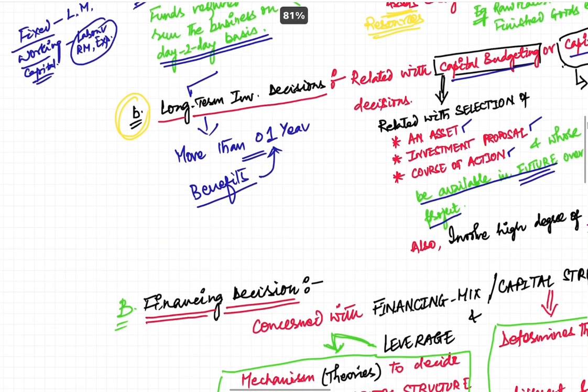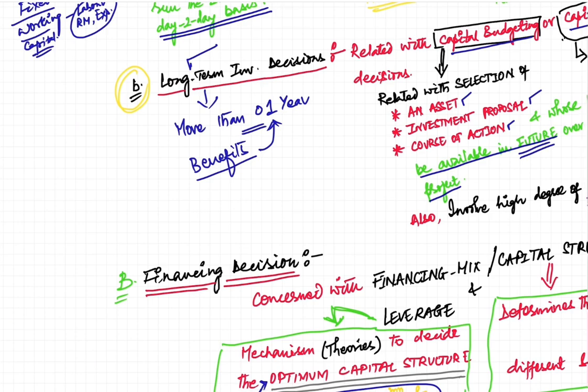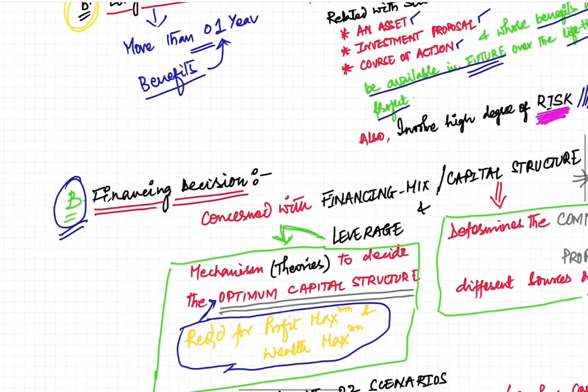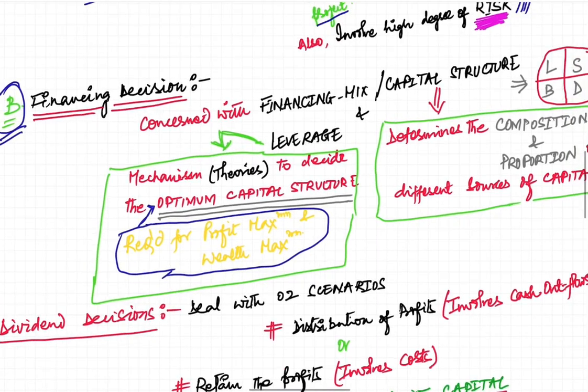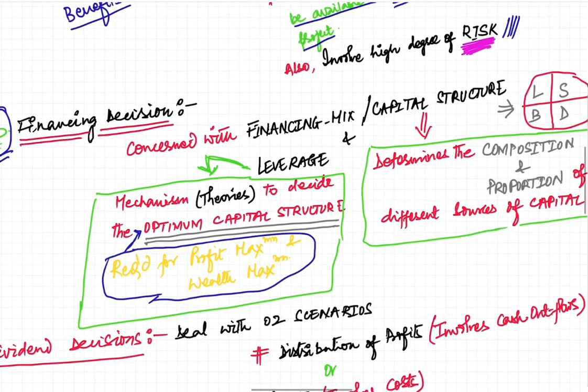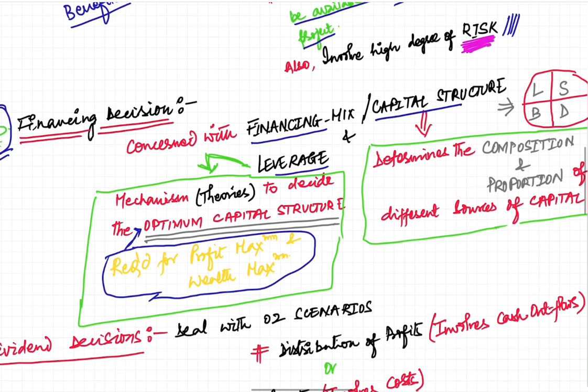Now, the second perspective of financial management is financing decisions. Now, what is financing decision? It's concerned with financing mix, capital structure, and leverage. Right?